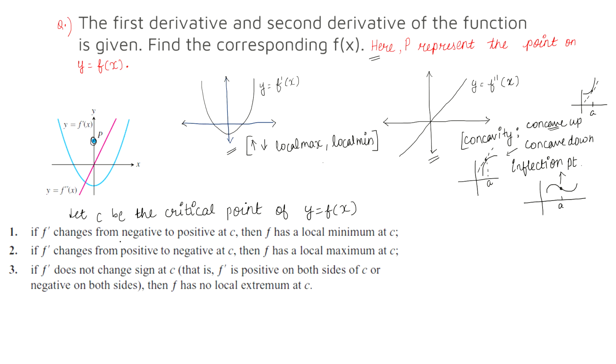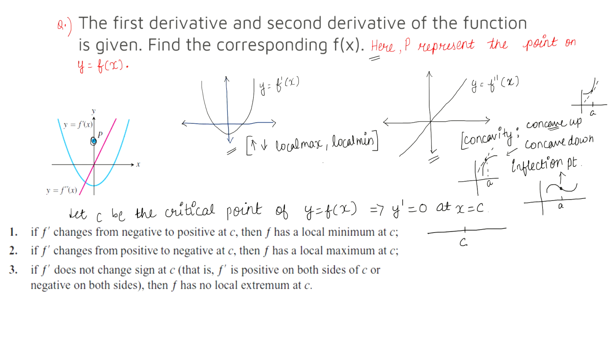If C is the critical point of y is equals to f of x, it implies that y dash is equals to 0, and we have a few other things to verify. Y dash is equal to 0 at x is equals to c. Then how can we say that C is a local minimum or local maximum?